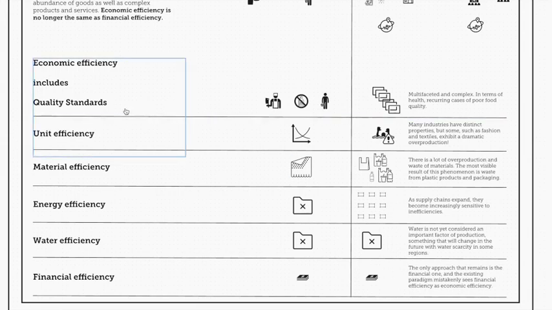So let's start with quality standards. So what about quality? Now, the idea of quality is relatively modern. So obviously this word as it stands is not the same as you would think about it before. But it doesn't mean that it didn't exist in terms of the content.